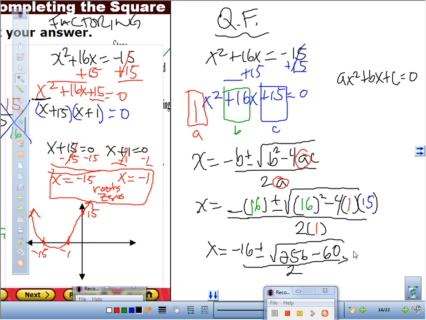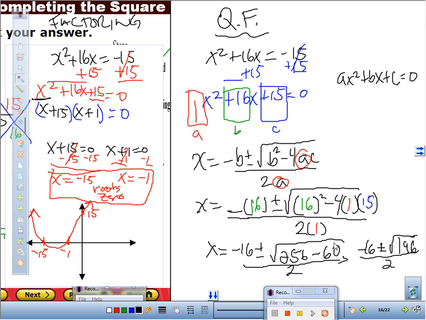I'm going to go this way to the right so I can fit that in there. So let's see. Negative 16 plus or minus the square root. What is 256 minus 60? 196. Yeah, over 2.